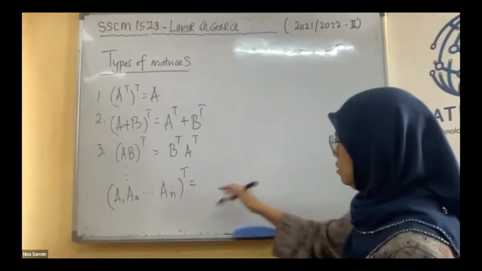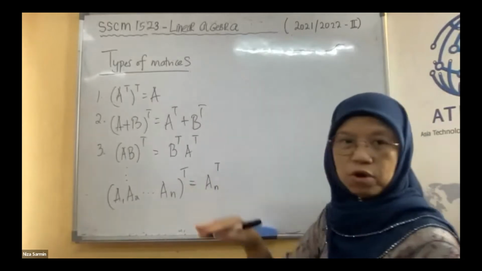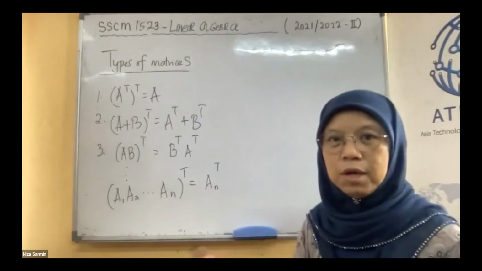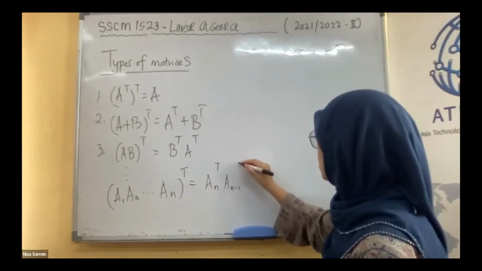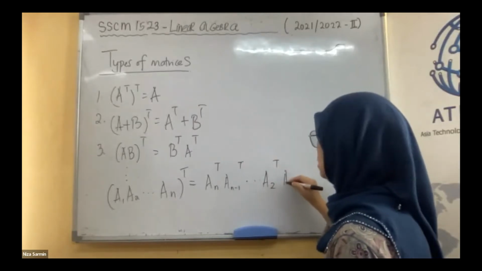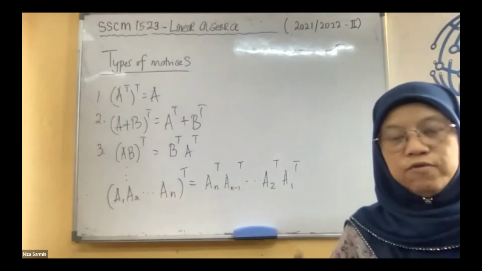Then you go from the right. So this is AN transpose. Before AN, because this is 1, 2, it has to be increasing by 1 or decreasing by 1, you have AN minus 1 transpose, dot, dot, dot, A2 transpose, A1 transpose. Okay, transpose, you have to do it from the right.